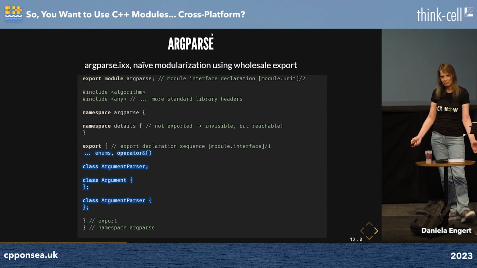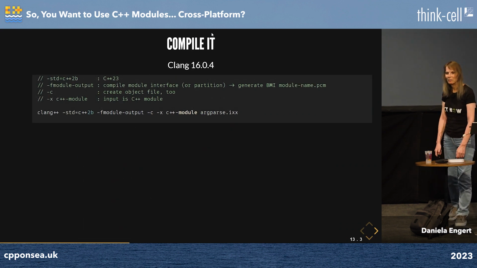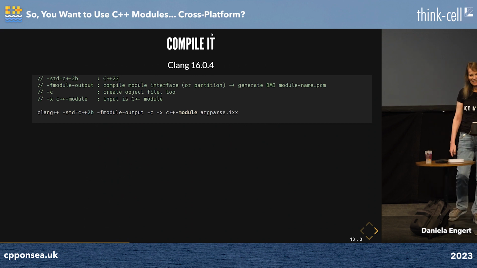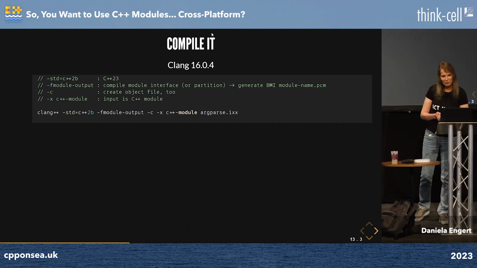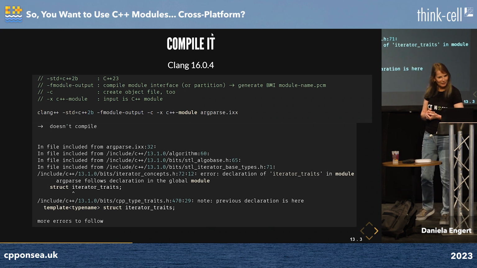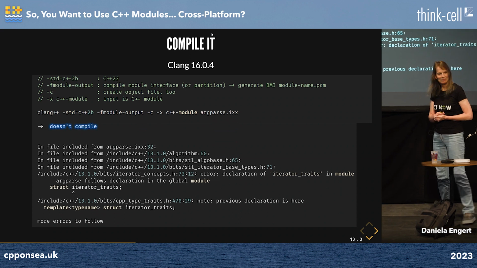Sounds simple. It actually is simple. And let's compile it. In alphabetical order. Here are the compiler options that you have to give with Clang. And yeah, it doesn't compile.